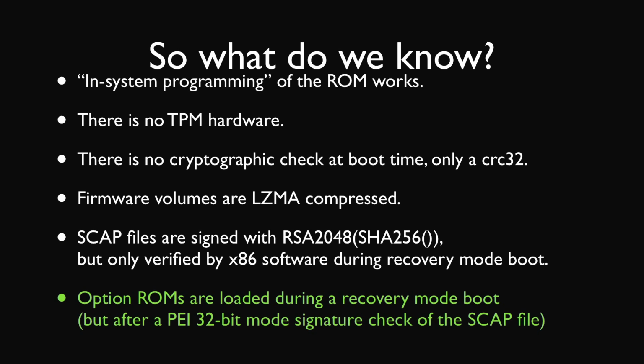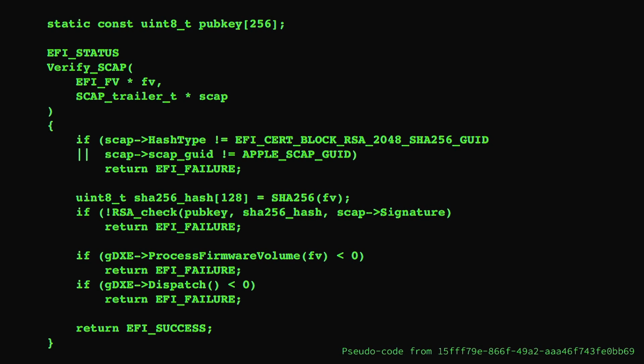However, there's a minor roadblock that there's a PEI 32-bit mode signature check of the SCAP file before the option ROM gets executed. So is there a way that we could bypass that check? If we go back to that pseudocode for the flasher verification, remember that process firmware volume is being called via a function pointer that's in RAM, not in ROM.